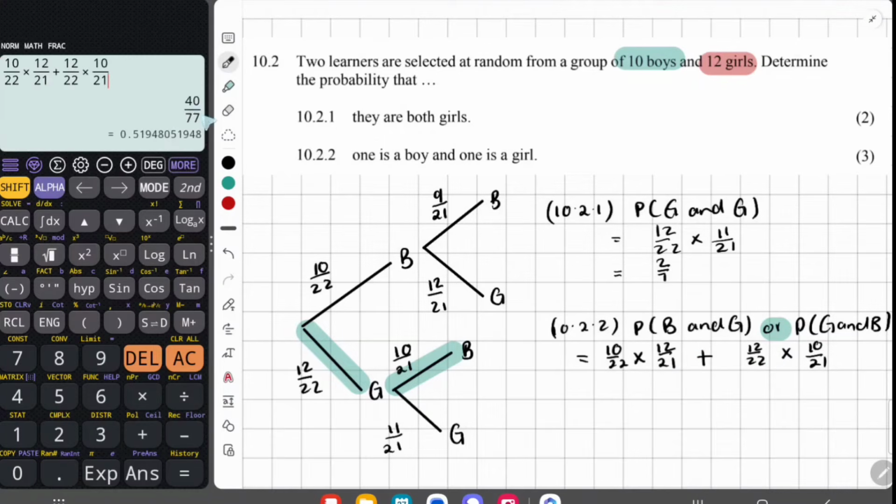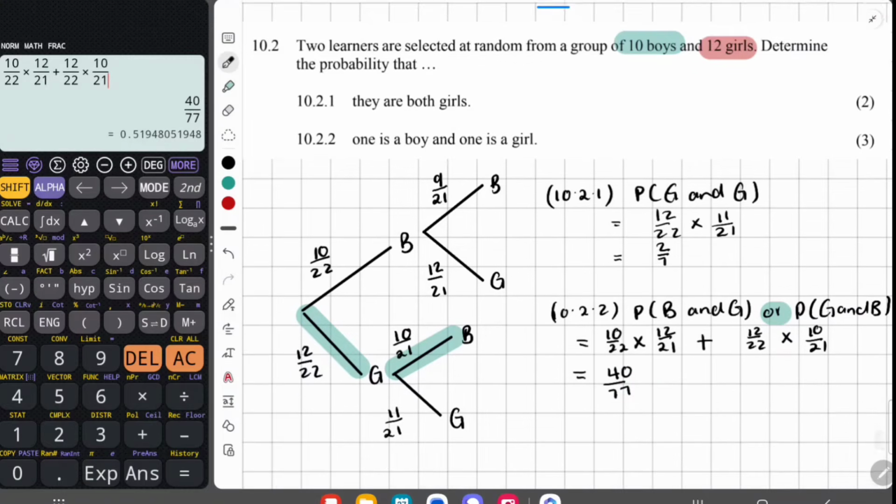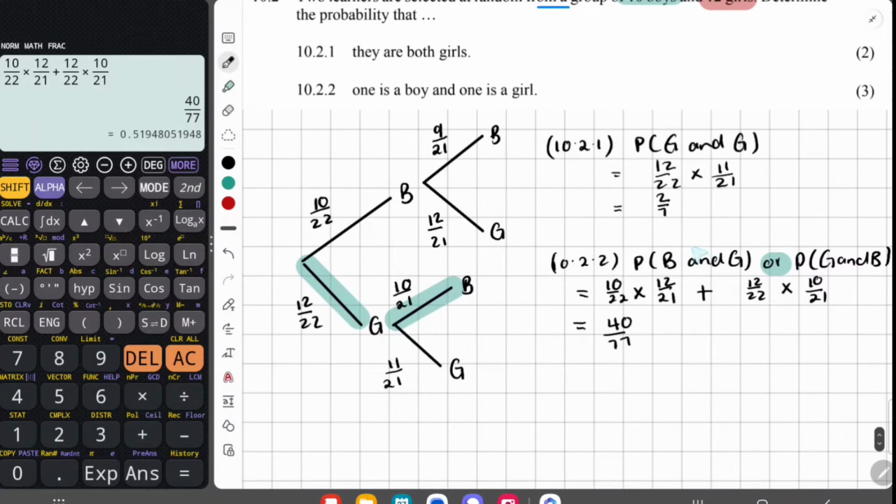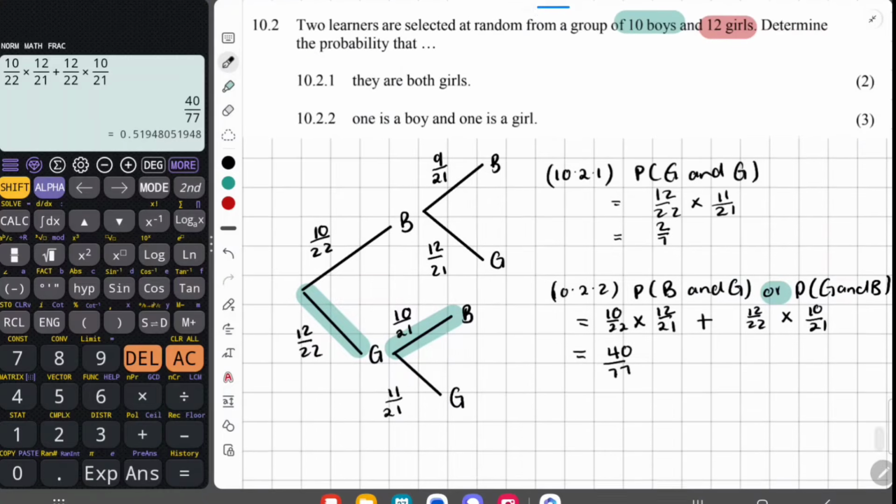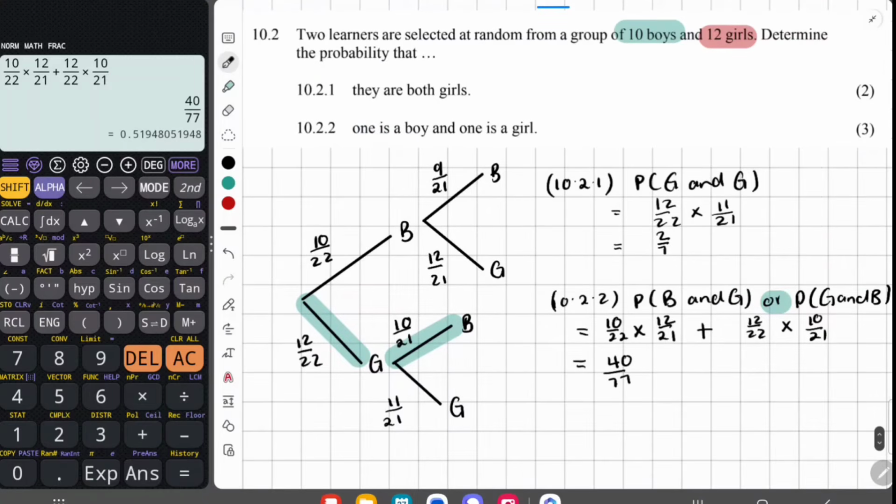All of that on the calculator is equal to 40 over 77. And I'm going to just leave it as a fraction. So 40 over 77 is the probability of picking either a boy and girl or a girl and boy, which is 1 is a boy and 1 is a girl. So you have to consider that they can be picked in any order.